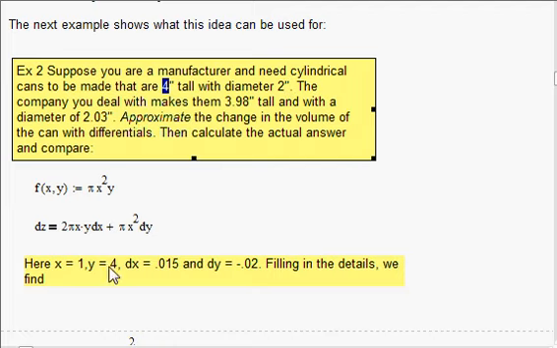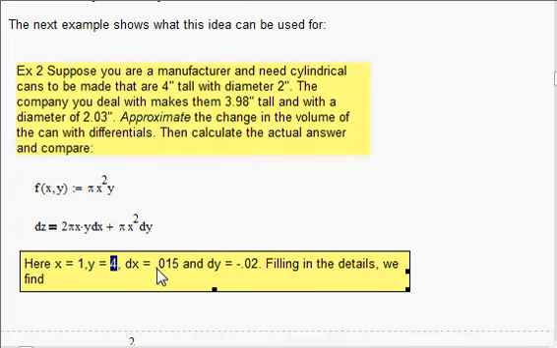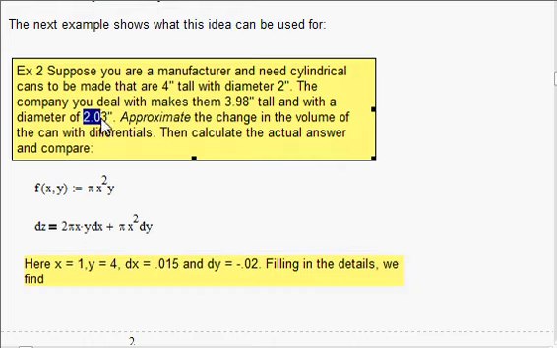It's 4 inches tall, so y is just 4. The dx is 0.015. Now I'm going to give you a pause on that one and say, why would the dx be 0.015? And the answer is, well, that's half of this error amount in the diameter, so that would be half of the 0.03. The dy is negative 0.02 because it's a little bit shorter, right, by 2/100ths.